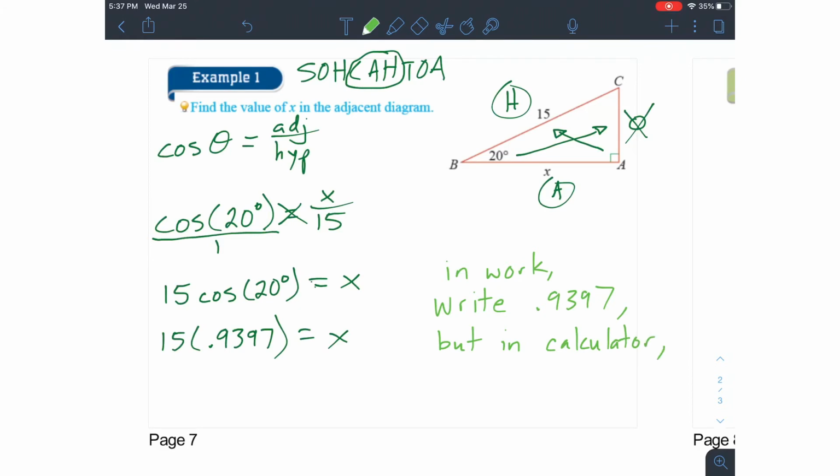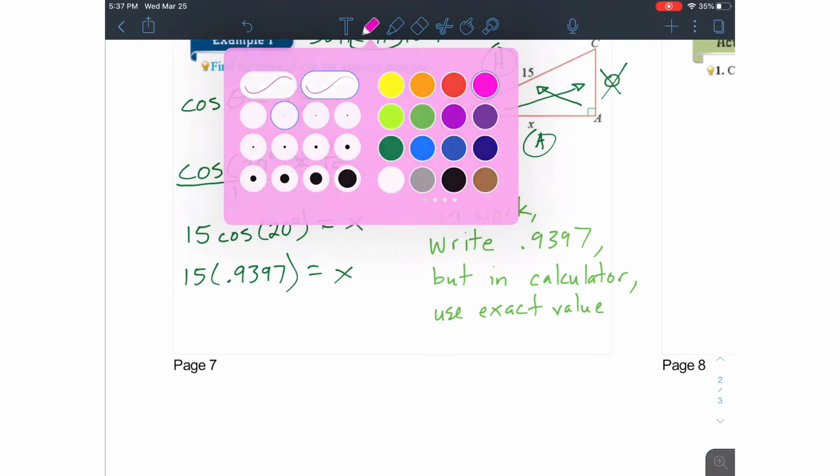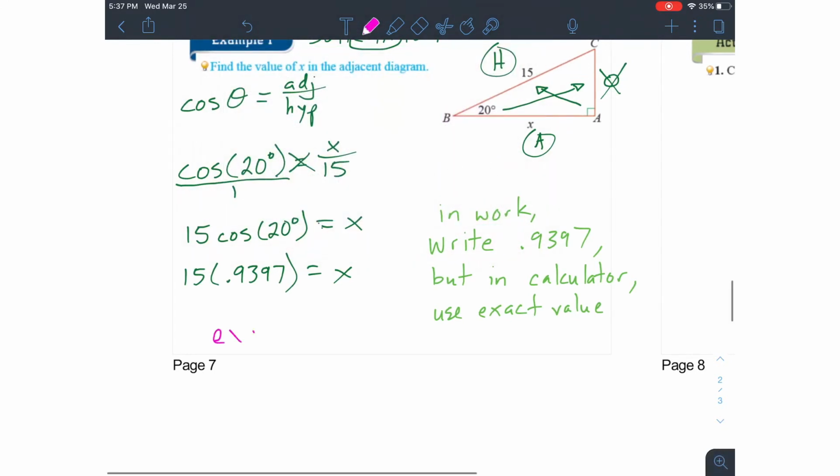I want you instead to use the exact value. And here's the reason why. So I'm going to demonstrate two different answers here. I'm going to show what happens when you get the exact value in your calculator, and I'm going to show you what happens when you round it.